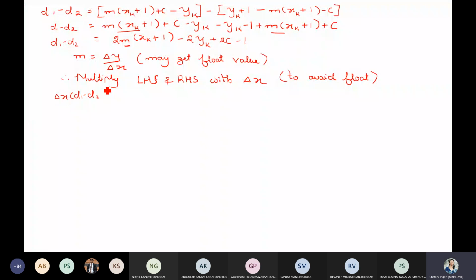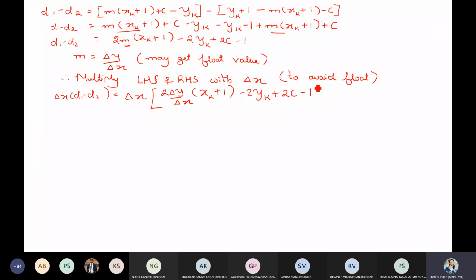Okay, for this equation, we are going to multiply it with this. You are going to represent m with delta y and delta x and then multiply. Okay. So this will give us delta x. What is m? 2 into delta y by delta x, xk plus 1 minus 2 yk plus 2c minus 1.